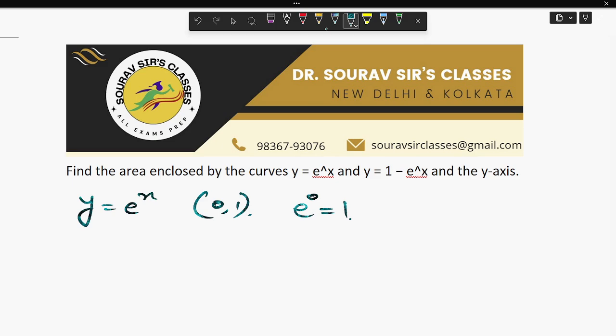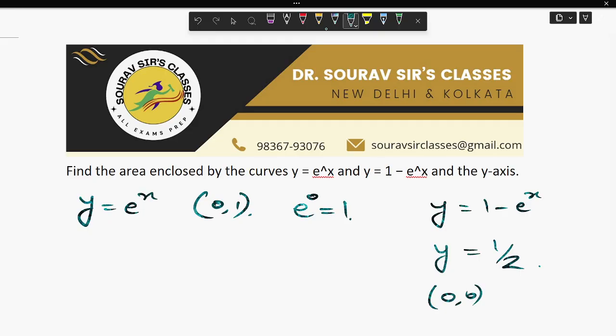Now the curve y equals 1 minus e to the power x is a reflection of e to the power x about the line y equals half, and it passes through the point (0, 0), because e to the power 0 is 1, so 1 minus 1 will be 0, and the y axis is the line x equals 0.